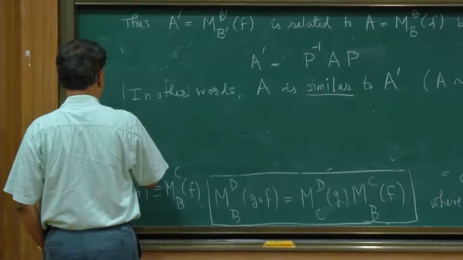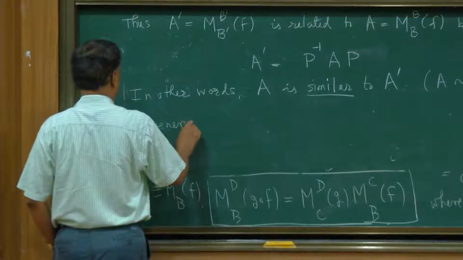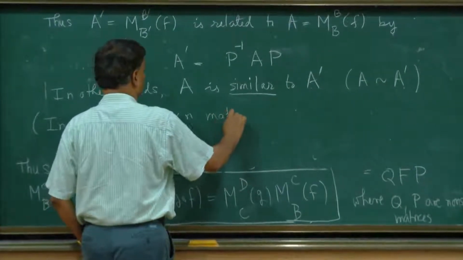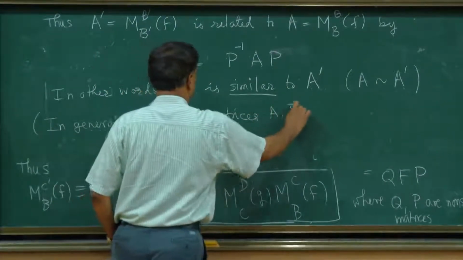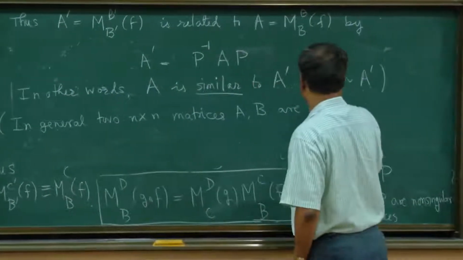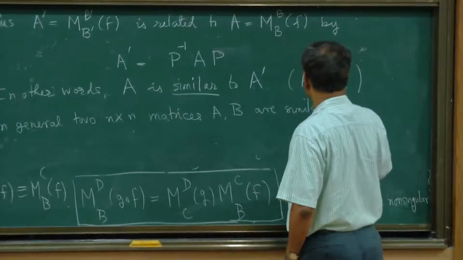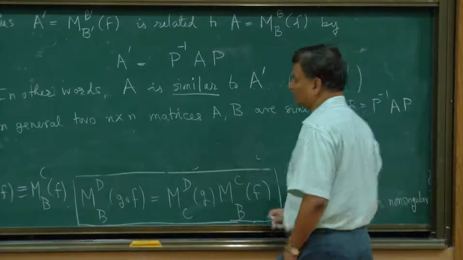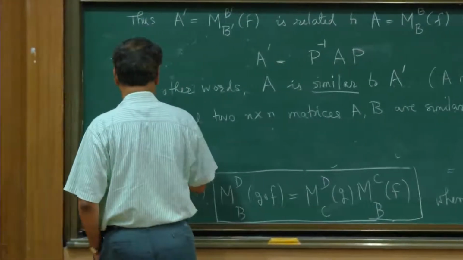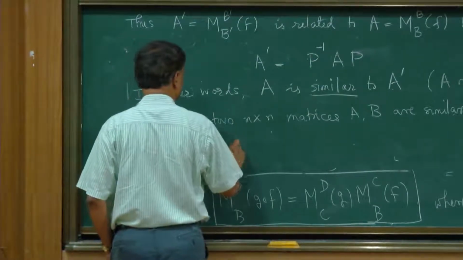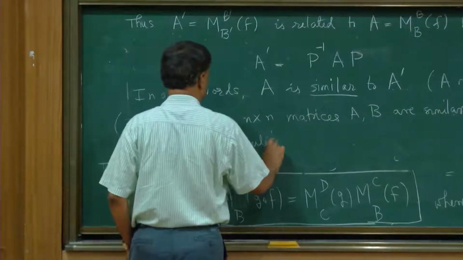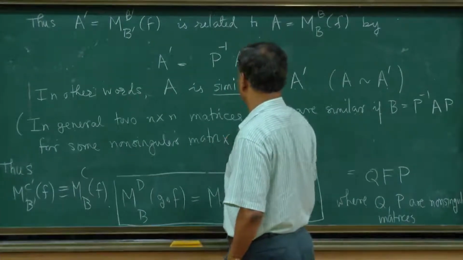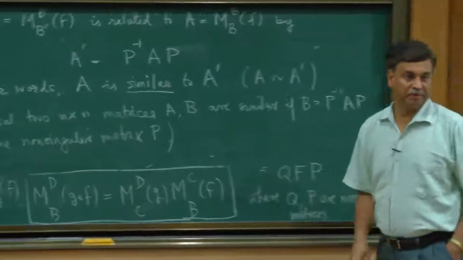In general, two n cross n matrices A, B are similar if B is equal to P inverse AP for some non-singular n cross n matrix P. Okay.